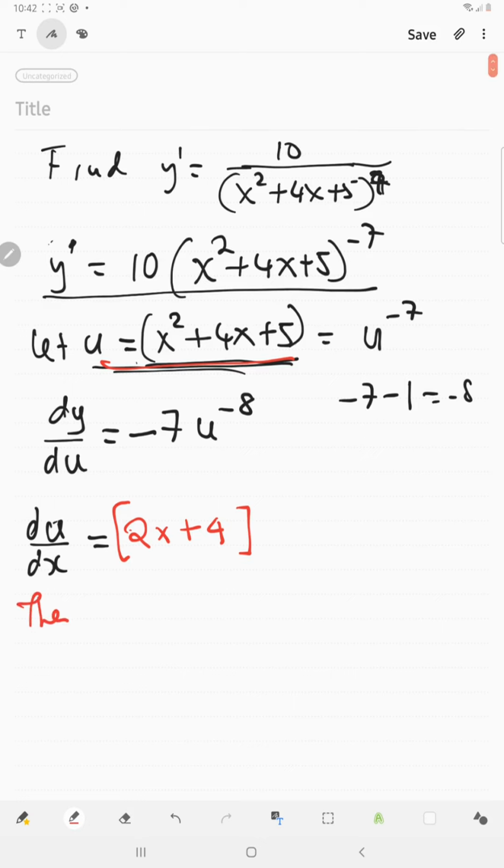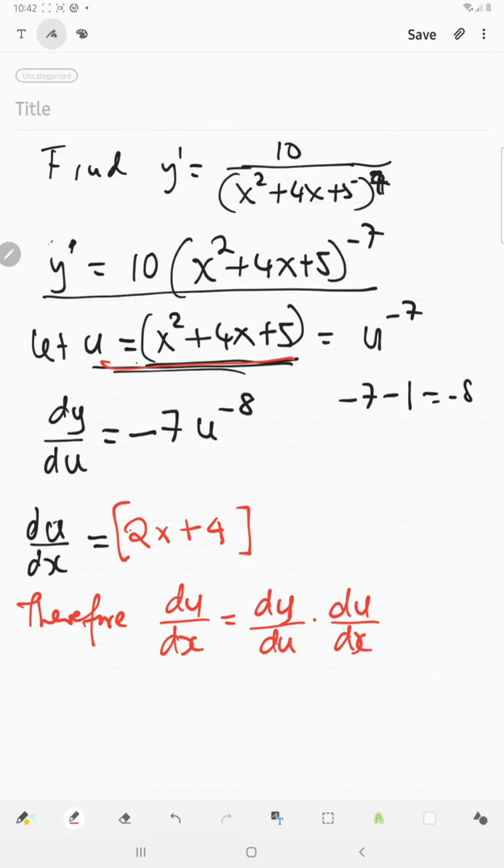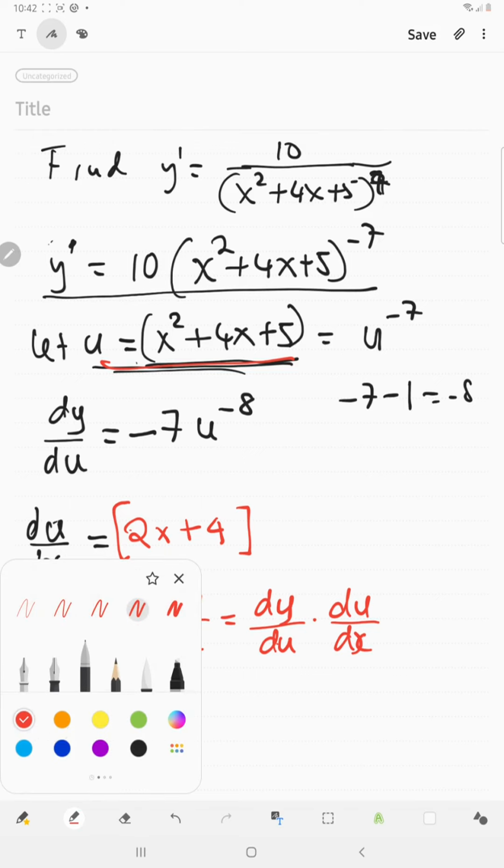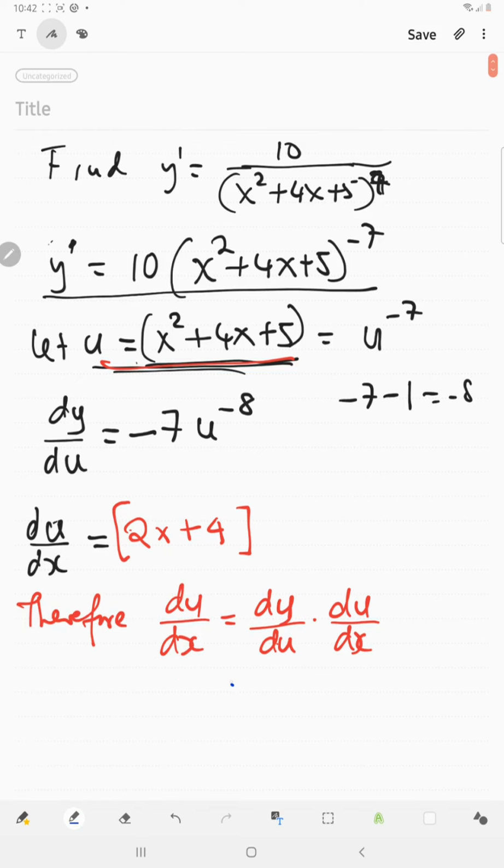Therefore, you can say dy/dx is equal to dy/du times du/dx. When you do that, you take whatever you solved.